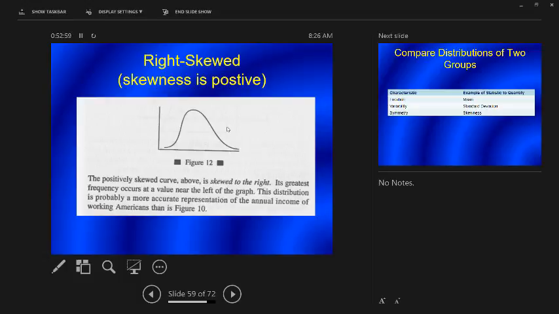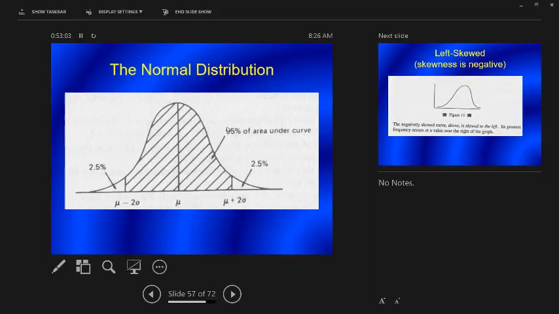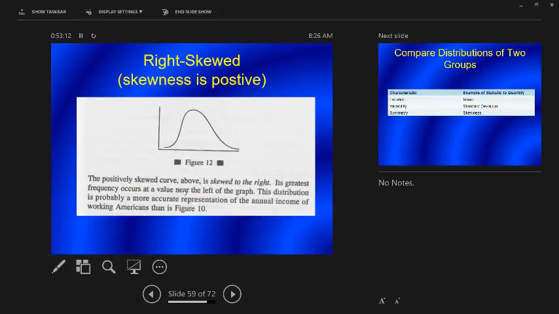And so in those cases, you don't have a normal distribution, so it's not going to be well behaved and it's not going to be described all nice like this is. So we can't compute the 2 standard deviations and say that 95% of the values fall within 2 standard deviations if we have a right skewed distribution.